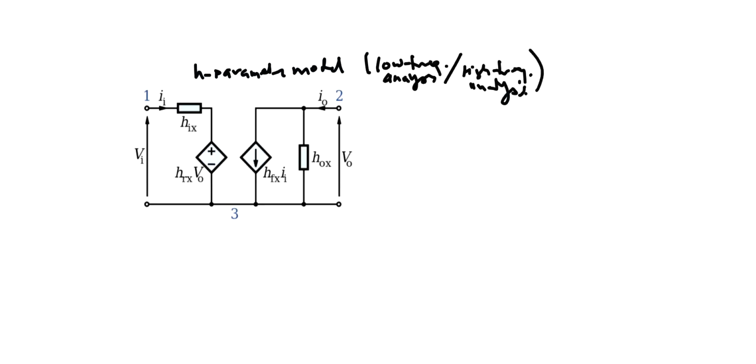We see that there is an input voltage and output voltage, input current, output current, and the BJT is a three-terminal device, therefore you have pin 1, 2, and 3. So HIX represents the input impedance, HOX represents the output admittance, and HRX multiplied by the output voltage indicates your reverse gain.